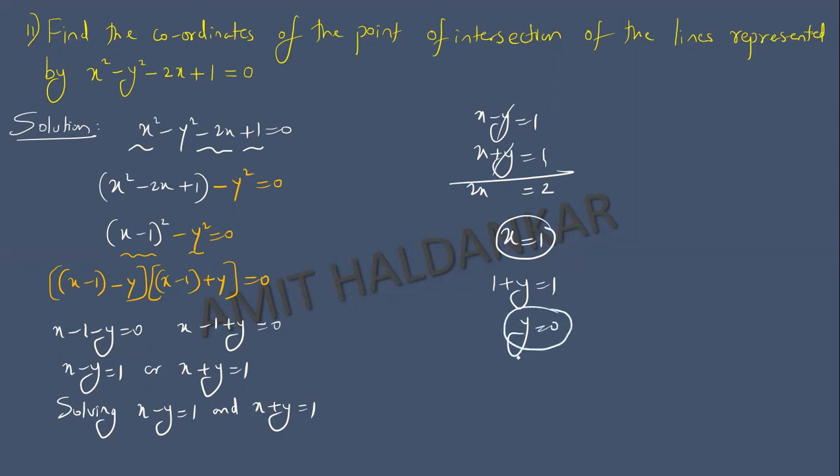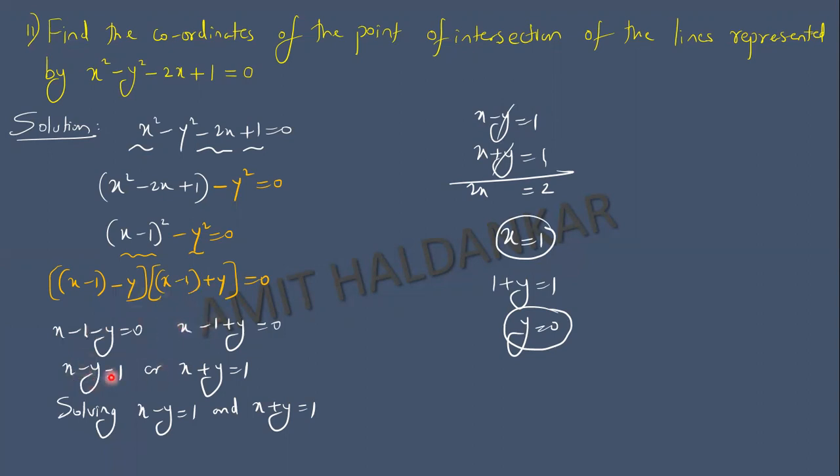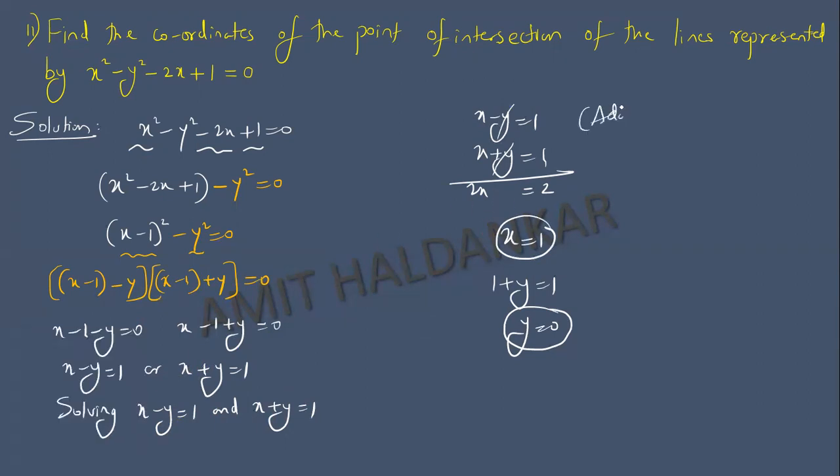So this is the coordinate of the point of intersection, because whenever you get two separate equations, you have to solve them simultaneously, that is you add them. So when you add these two equations, we get this. Add or subtract, whichever is preferable, you do that and you get the point of intersection as 1 comma 0. So this is your answer.